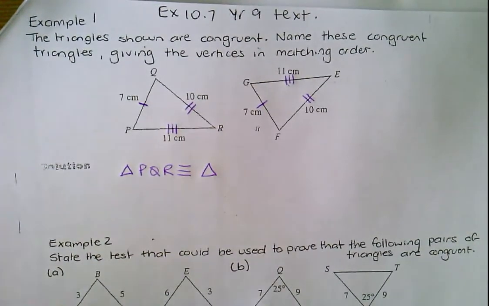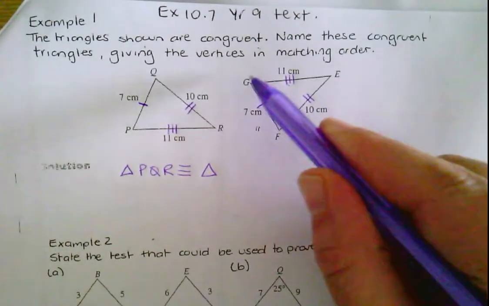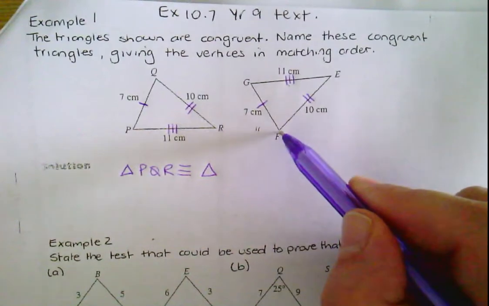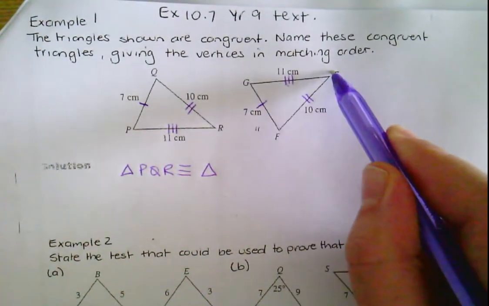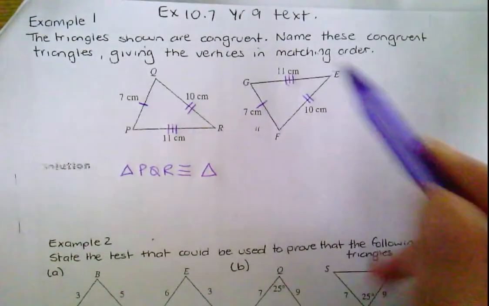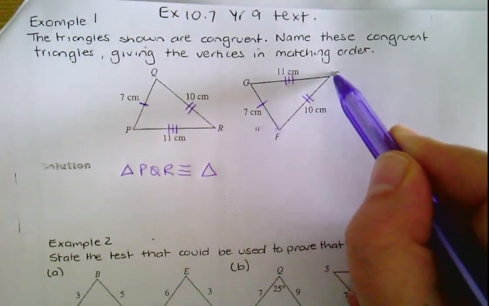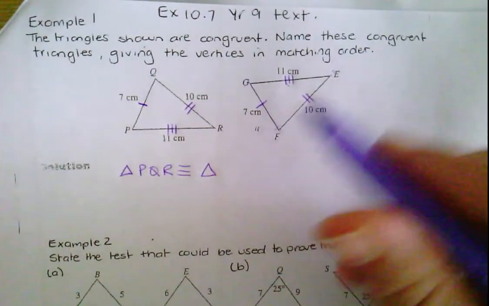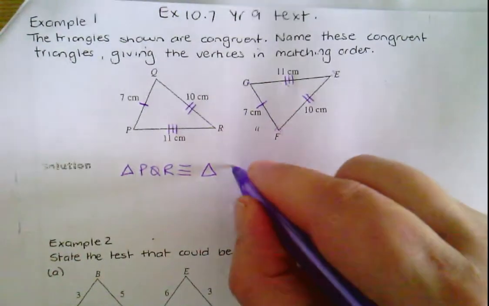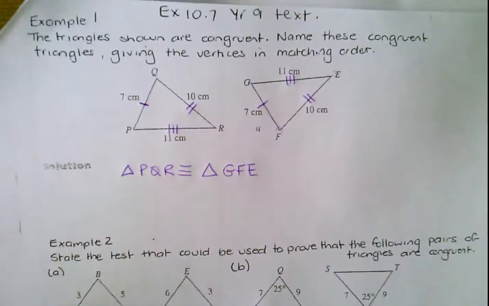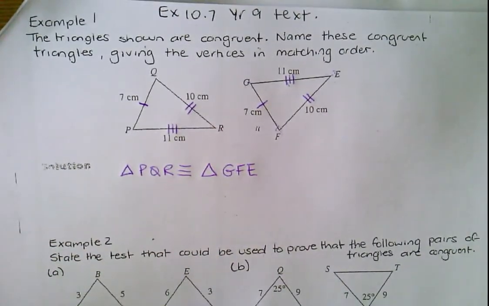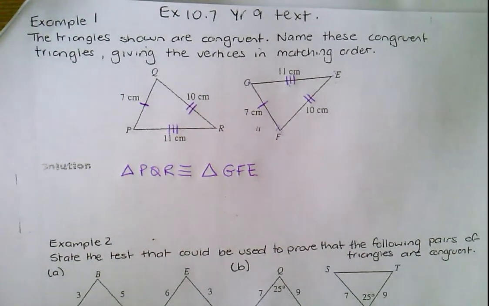If I go like this and then like that, that's wrong. That's single, triple dash. I have to start from here and go along the single dash side, along the double dash side. So the order is what? GFE.